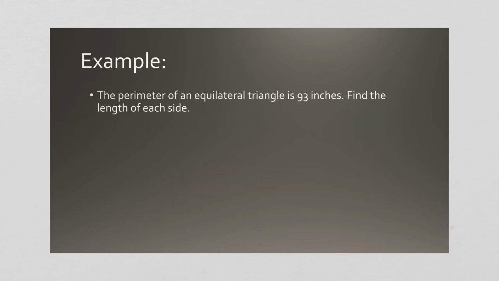Okay, so whenever you're reading these problems, it's important that you pick out the important words. And so in this one it says perimeter, that's an important word. Equilateral, that's an important word, triangle, 93 inches. Okay, find the length of each side. So my perimeter is equal to side plus side plus side.